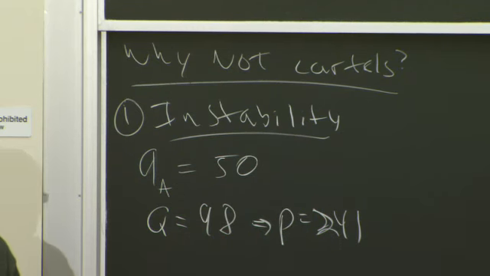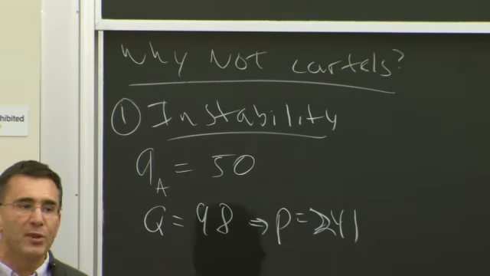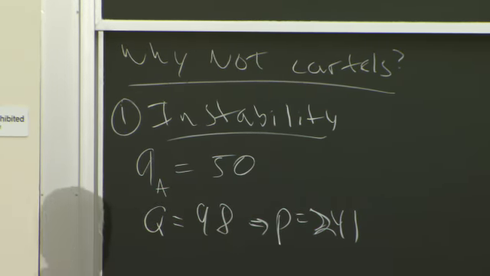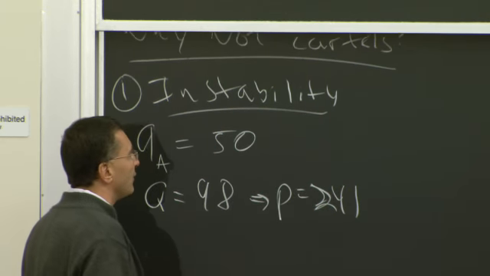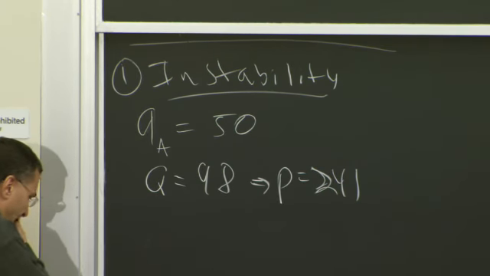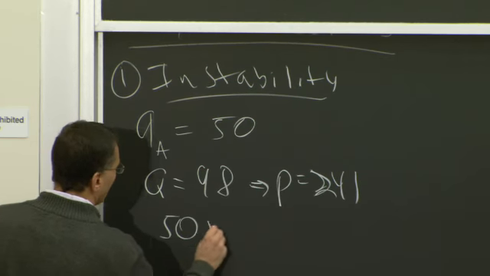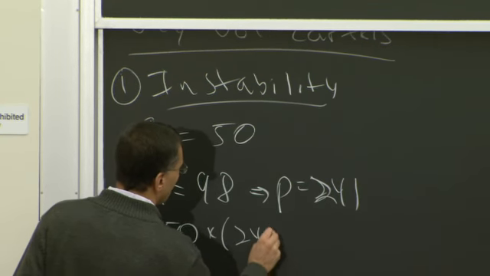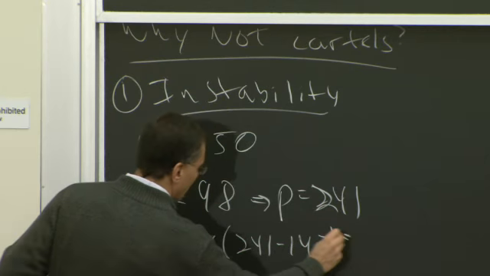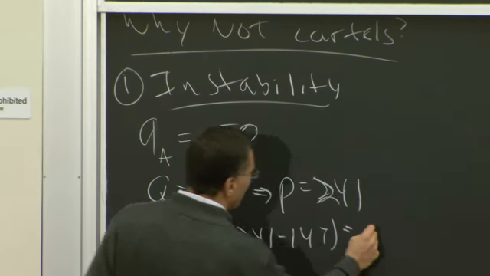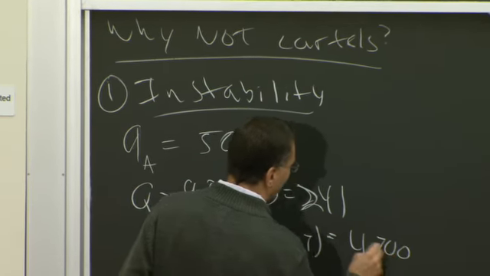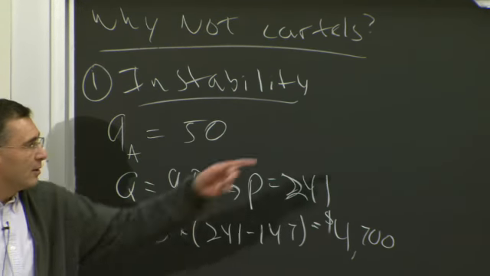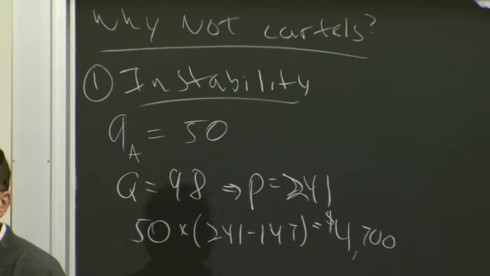You might say, gee, American just shot itself in the foot. It's just lowered the price by selling more flights. But look at what happens to American's profits. American's profits are now 50 times 241 minus 147, which equals $4,700,000, which is higher than it was making in a cartel.